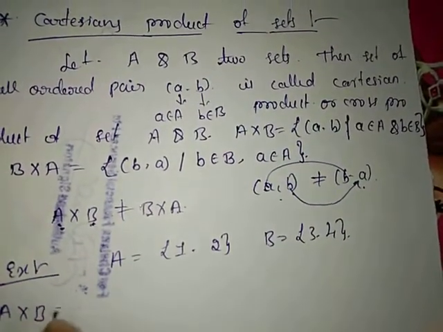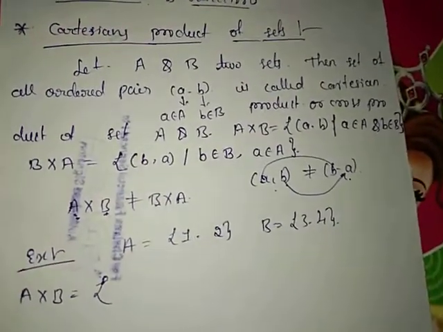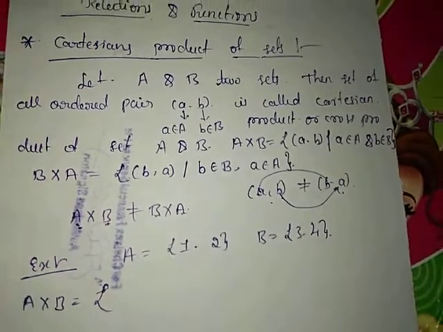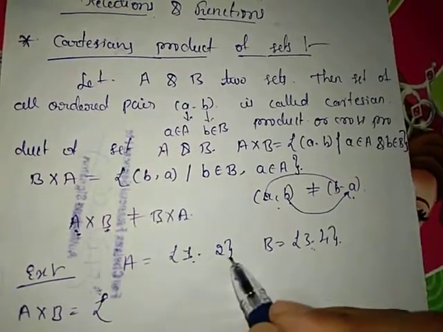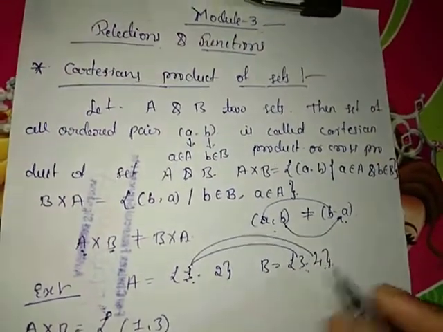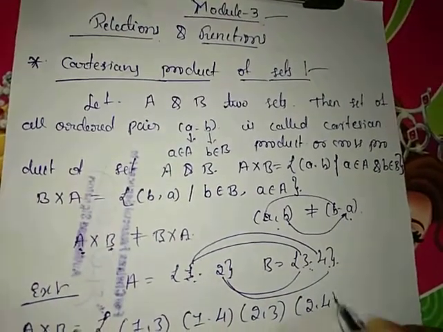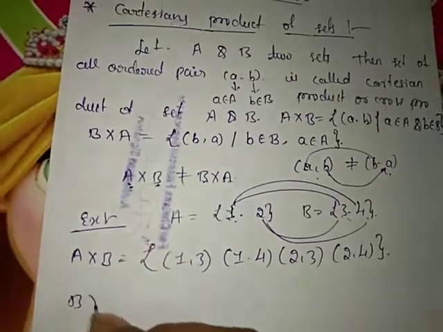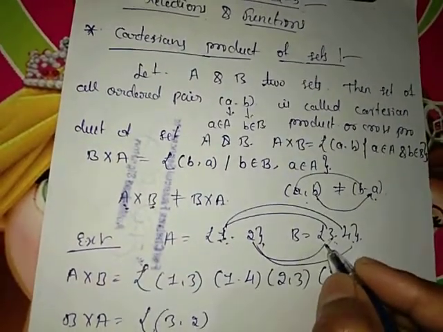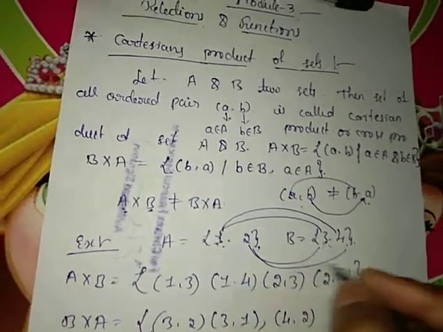Then A cross B means we have to write down all possible ordered pairs of the elements: first (1, 3), next (1, 4), next (2, 3), and next (2, 4). In the same manner, if you find B cross A: (3, 2), (3, 1), (4, 2), (4, 1).